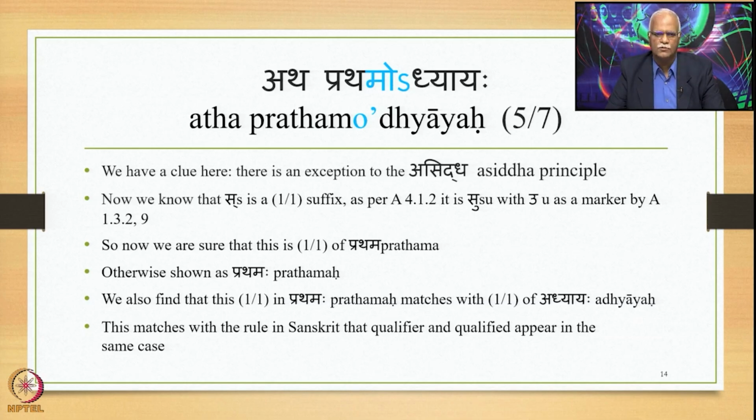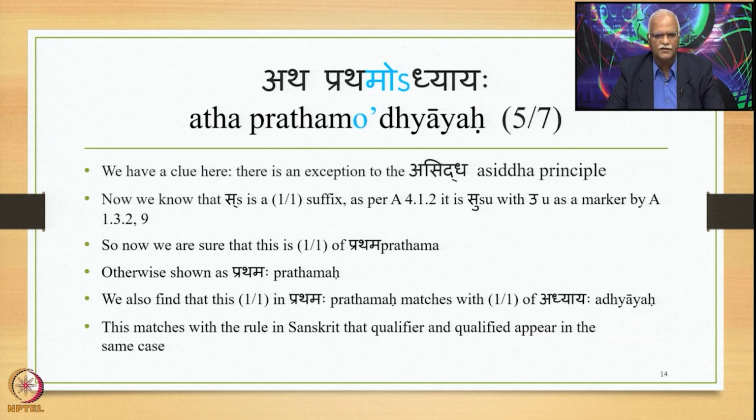Now we also know that Sa is a 1/1 suffix, stated as Su in 412, with U as a marker marked by 132 or 9. So now we are sure that this is 1/1 of Prathama, which is otherwise shown as Prathamaha.